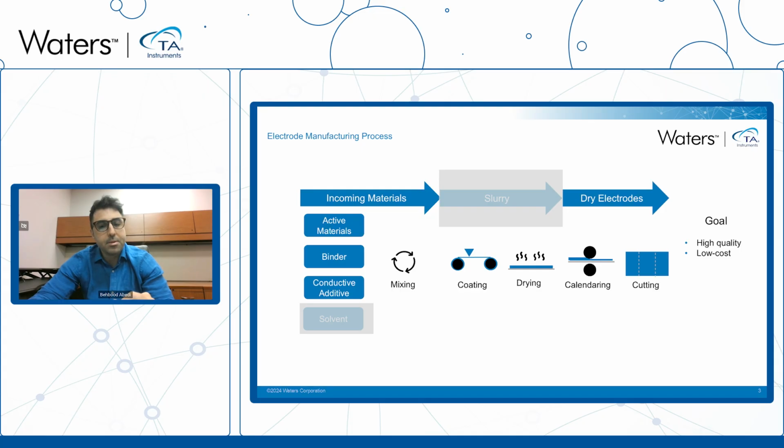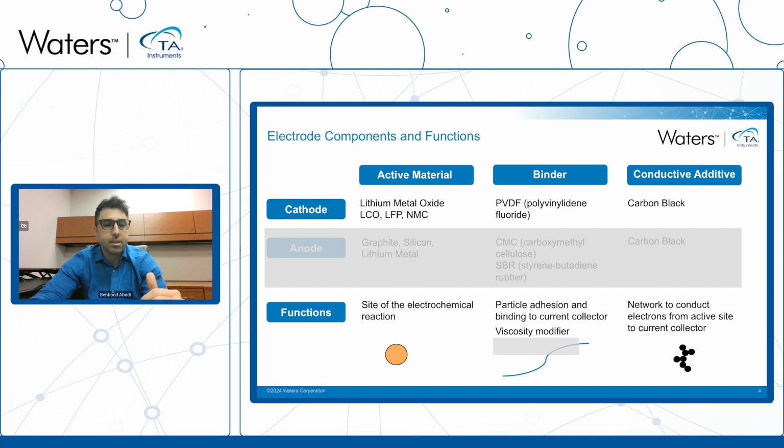So for example, for the cathode that I mentioned, we would have active material like NMC, conductive additive like carbon black, and binder like PVDF, and no solvent. So now we have a dry powder cathode, and with a dry powder cathode, we have dry powder coating.